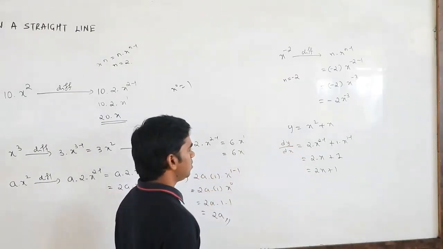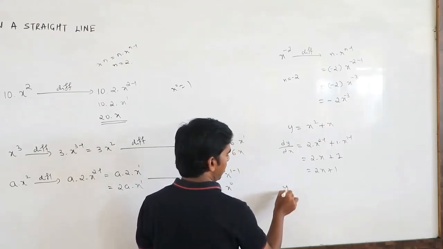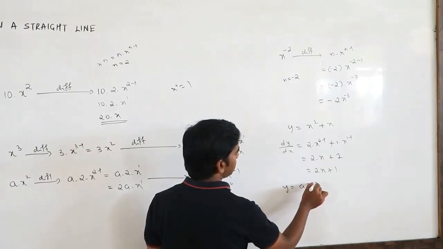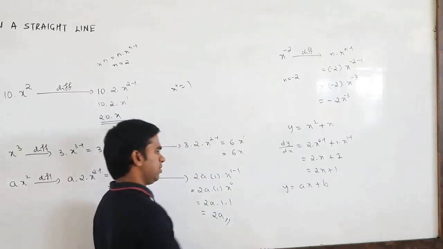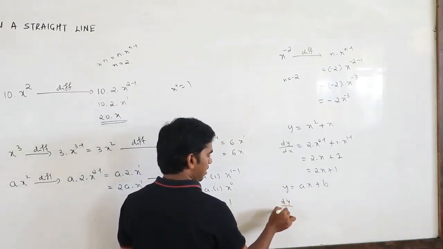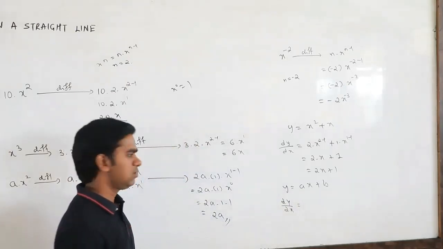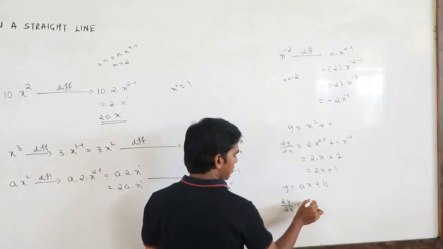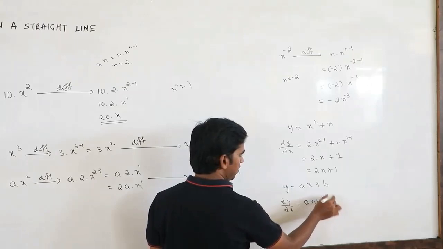Similarly, I can write it as, say, y equals ax plus b. Now dy by dx is equal to a into x raised to 1 minus 1.